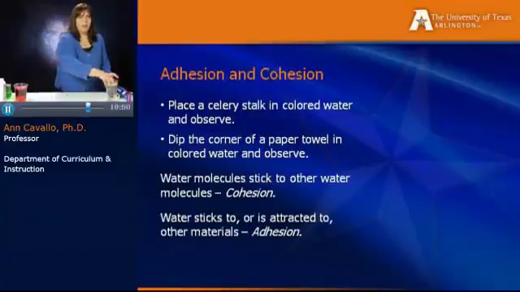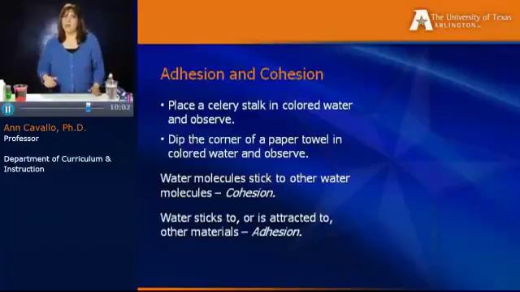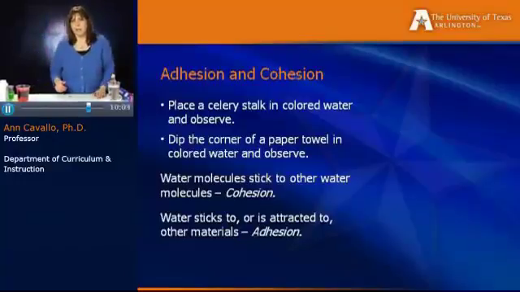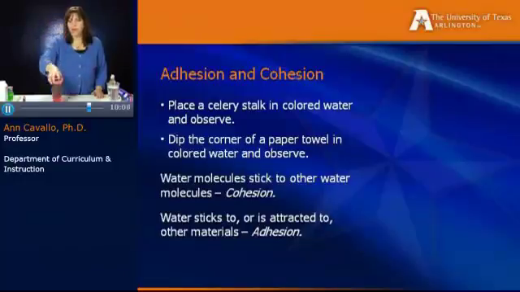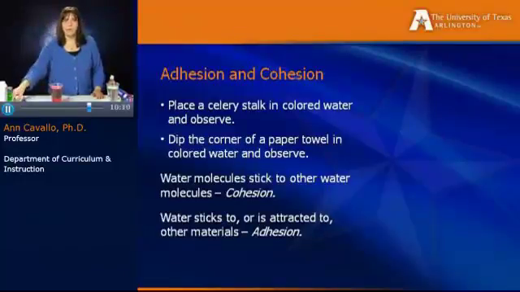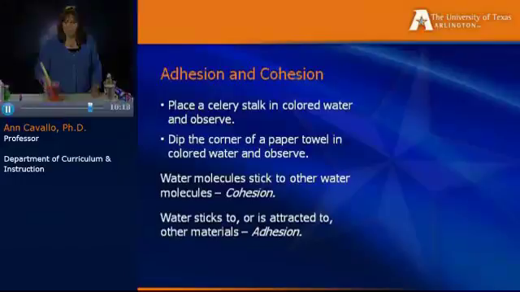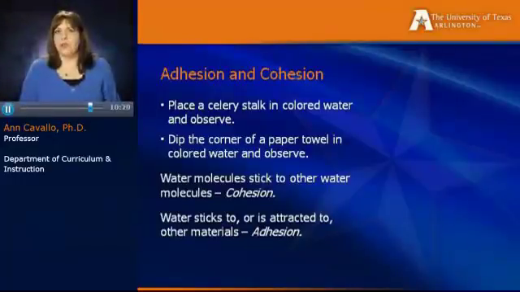Other applications involve extending the concept of cohesion to another related concept. Here you'll need a cup of water with food coloring. You can use the same one that you use in the exploration. A celery stalk and paper towel. Place the celery stalk in the water and leave it there for several hours overnight. What do the children observe? The way to find out is to break the celery stalk in half and look at the broken end.